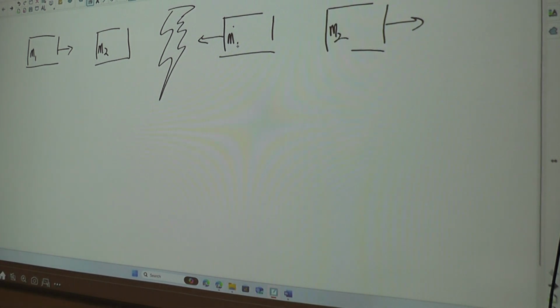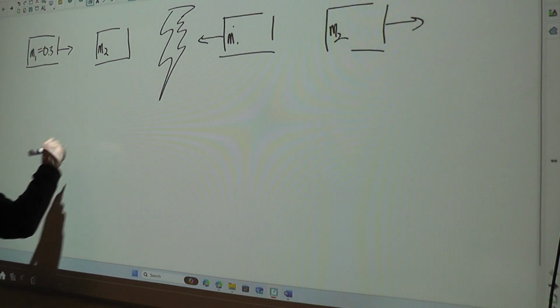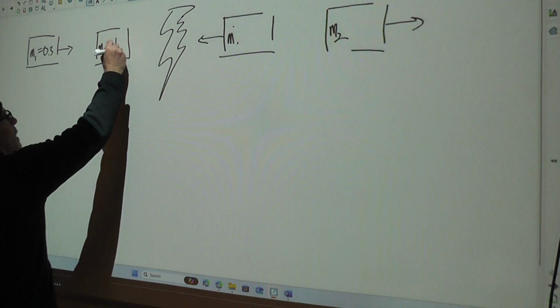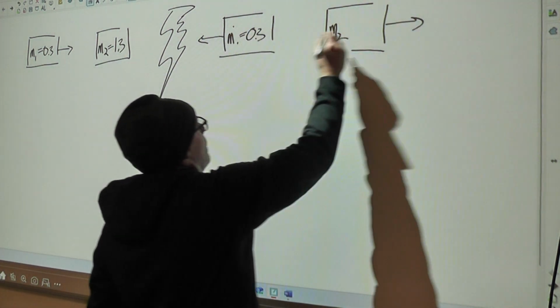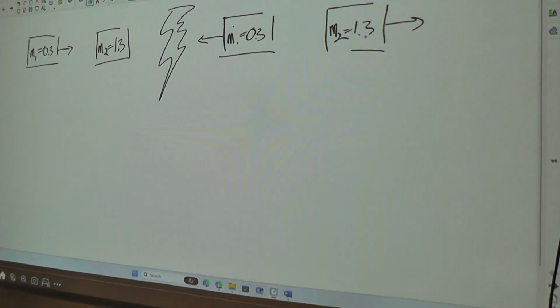My left-hand cart is just a cart. That's about 0.3 kilograms. My right-hand cart has a cart with 2 bars. That's 1.3, about. And that's good enough. Okay, so what I tried to do, my target velocity there is about 0.5 meters per second.